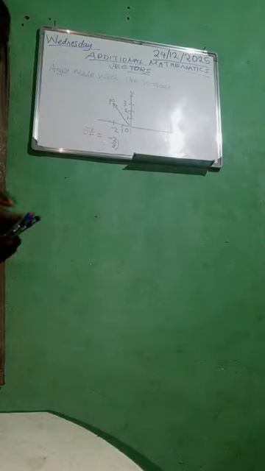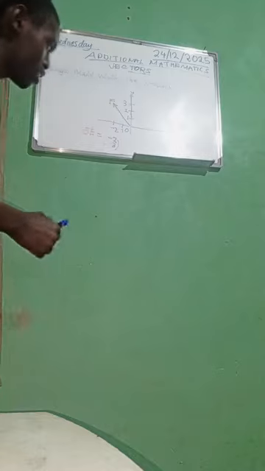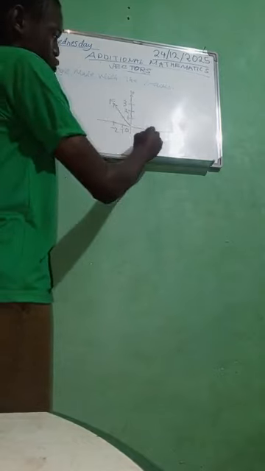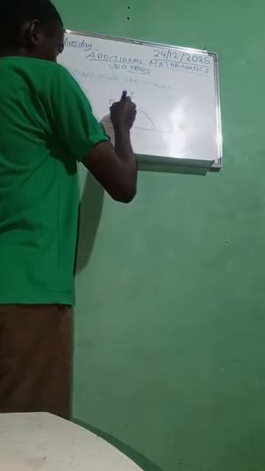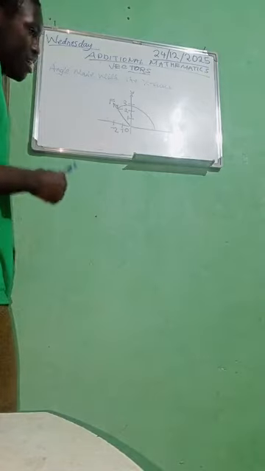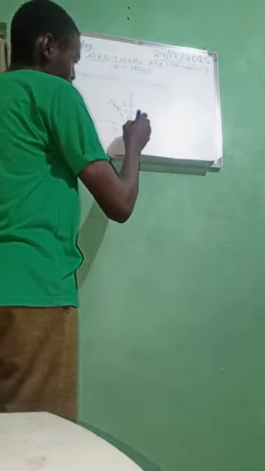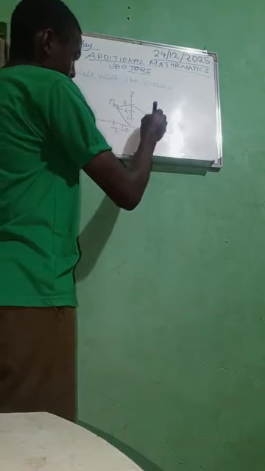Now looking at the angle made with the x-axis, the reference point is the way quadrants are made up. So we know that we have several different quadrants. This is the first quadrant, second quadrant, third quadrant, fourth quadrant. So the angle made is this entire thing, from there to there.